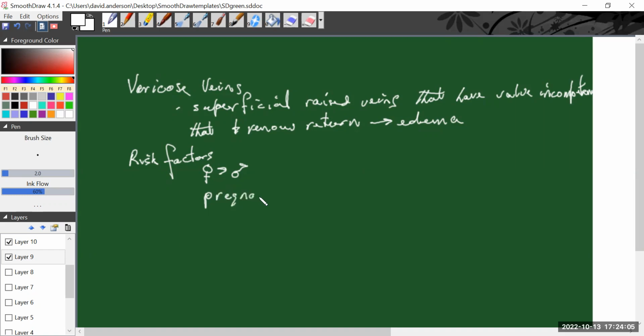So pregnancy does that. Obesity does that. Sedentary lifestyle does that. Aging, prolonged standing.